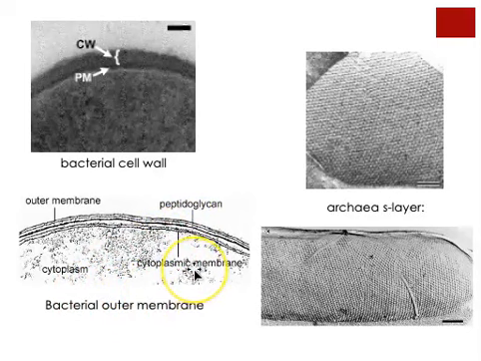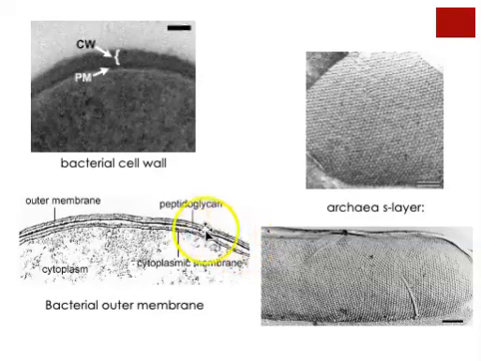So let's orient ourselves here. We can see cytoplasm here. We can see this first structure, which is labeled as cytoplasmic membrane. That's just another word for a plasma membrane. Then you can see a very thin black line, and that's been labeled peptidoglycan.